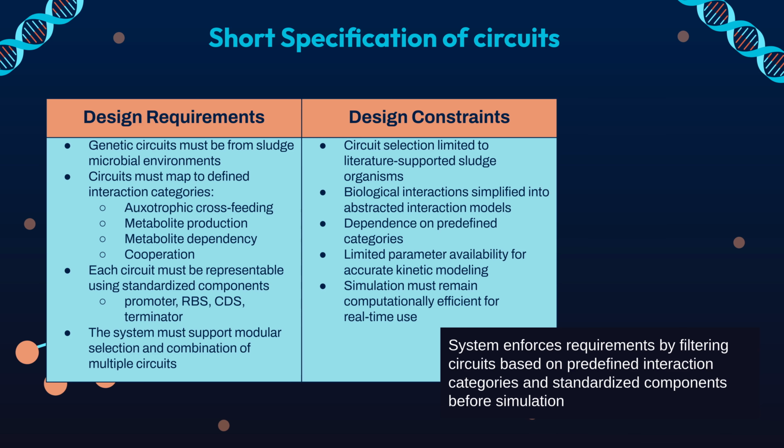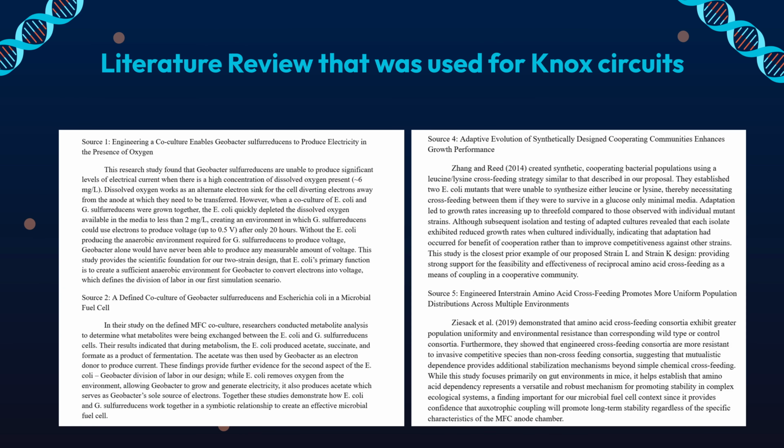The system must support modular selection and combination of multiple potential circuits, and some of the constraints are that it must be good for real-time use, it must require very little technical knowledge, and it must be defined based on these predetermined categories and on literature-supported interactions.